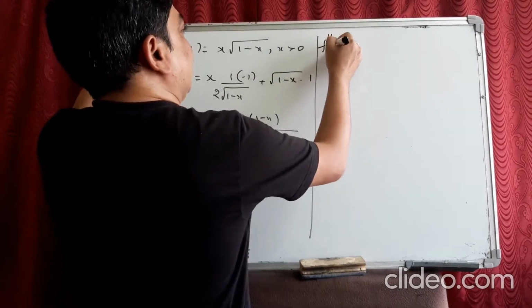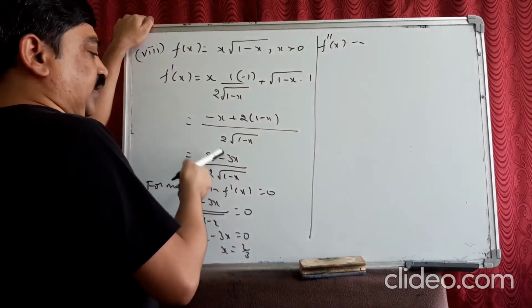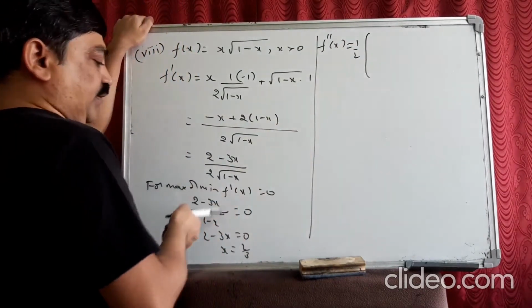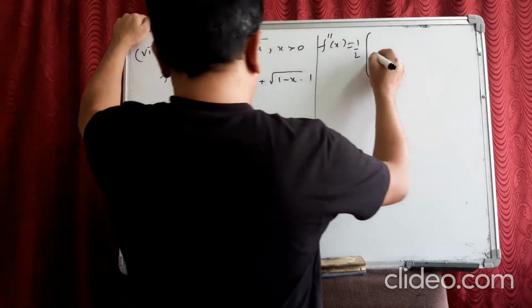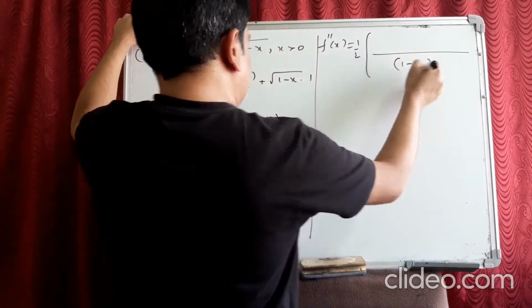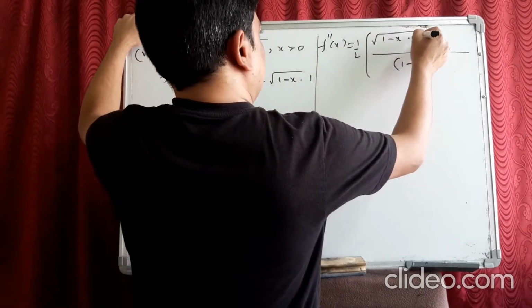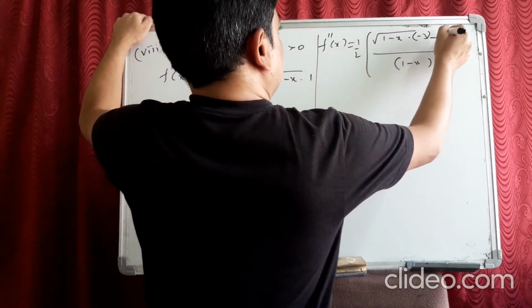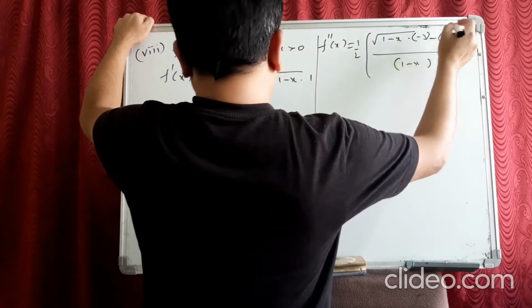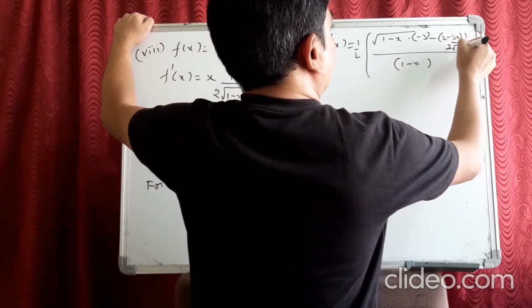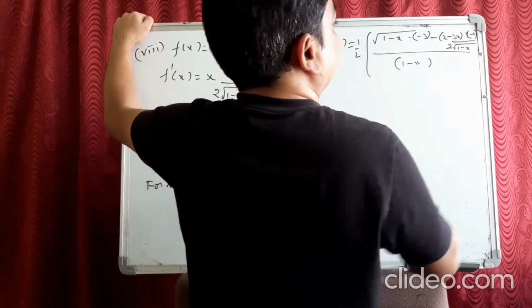f double dash of x. This is u by v. So let us write 1 by 2 outside. So u by v we take. It becomes 1 minus x, v square, v u dash minus 3, minus u 2 minus x, v dash, derivative of this, 1 by 2 root 1 minus x into minus 1.